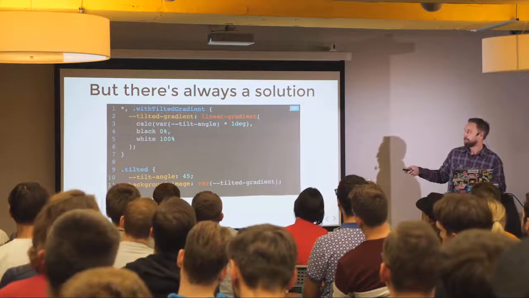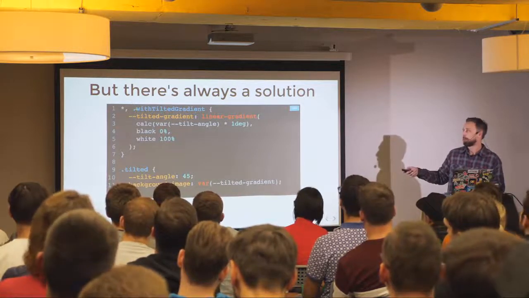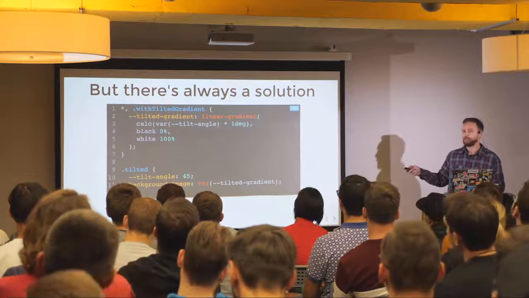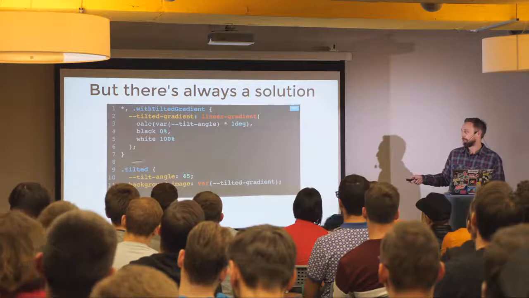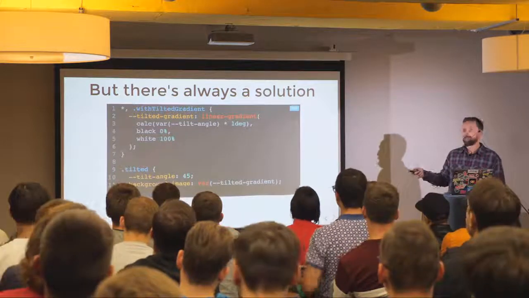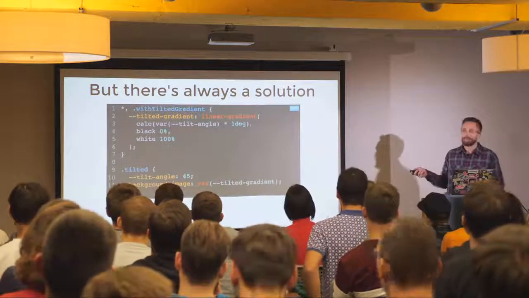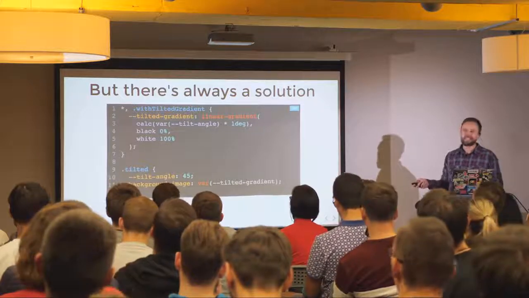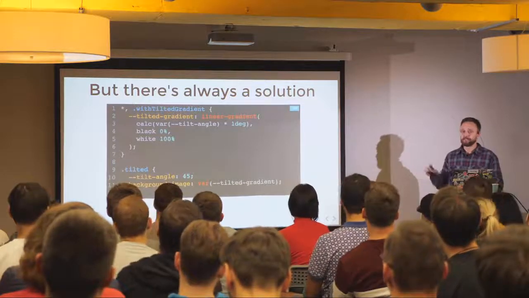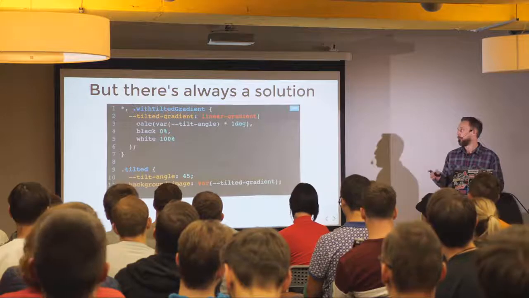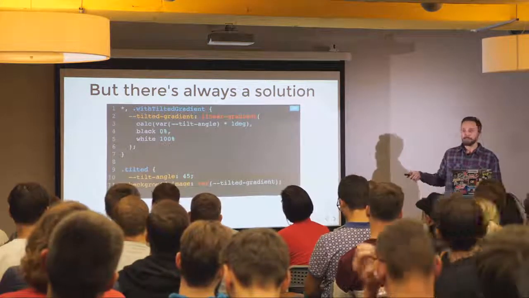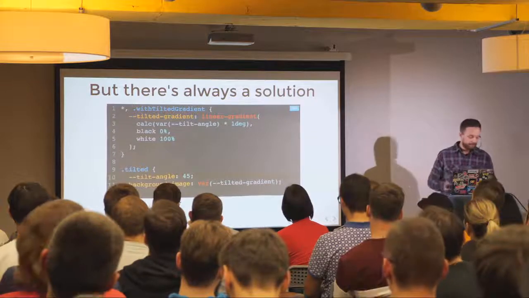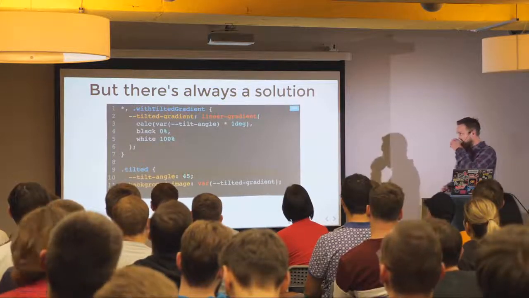And in such case, because we have the all selector here, it will be available to this class as well, and to any other element in your application. I'm not saying that this is the best practice, but this is just one way to deal with them. It will be available to the element with the tilted class as well. Second.